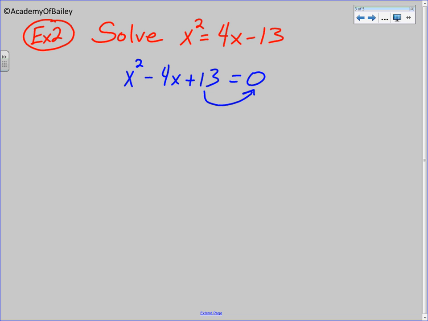So this is step number 1, x squared minus 4x. We got to figure out what this is, and we're going to have -13 here, and that extra part from the left side also gets added to the right side.